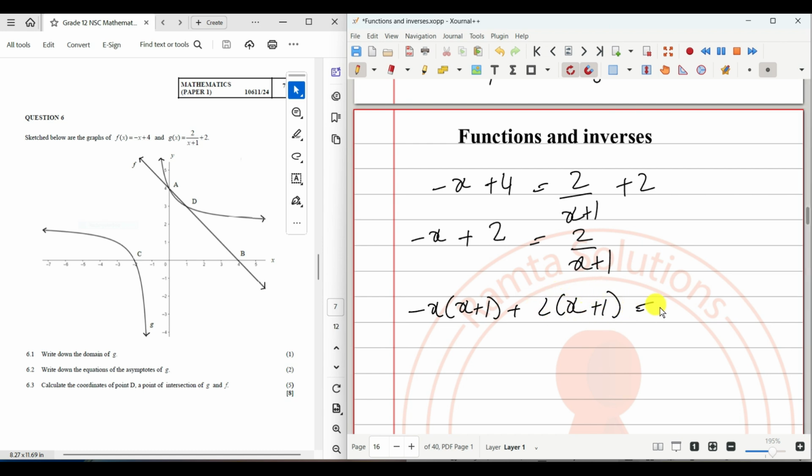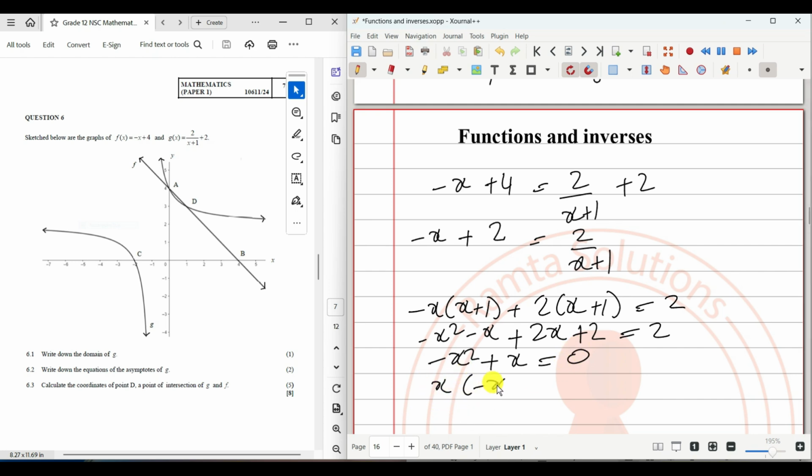Yes, now I see. Oh, sorry, I had multiplied throughout. So what is this? Minus x squared minus x plus 2x plus 2 equals 2. What do we have? Minus x squared plus x equals 0. x is a common factor.